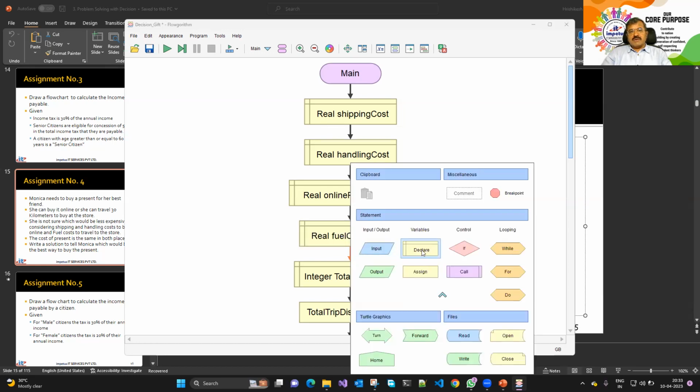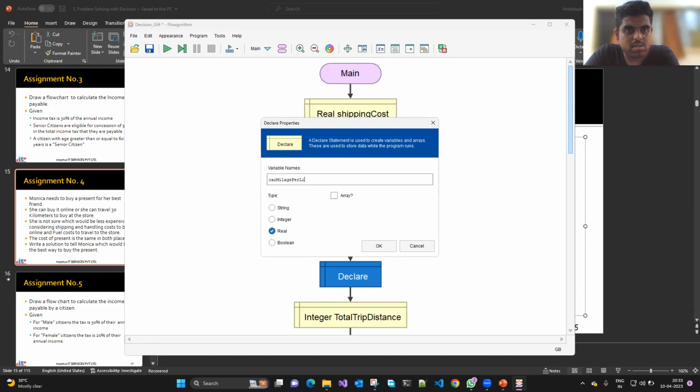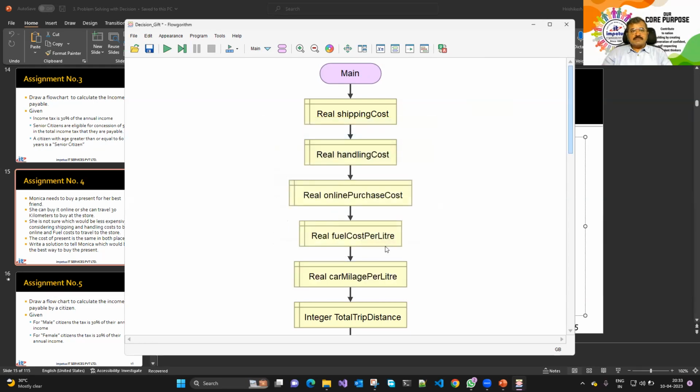In addition to that, we will also require the average, I'll say car mileage per liter.